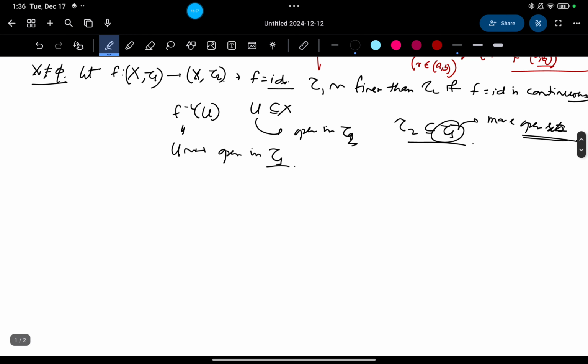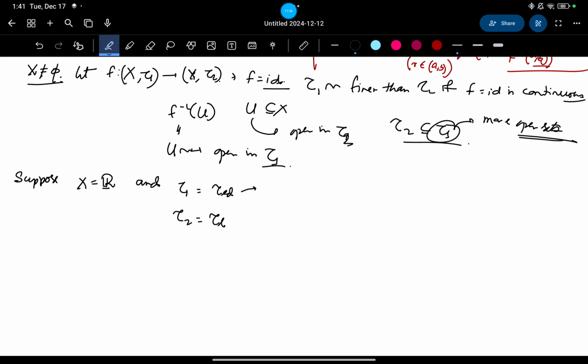So as an example, let's consider X to be R, and let us take tau 1 to be the normal Euclidean topology, tau E, and tau 2 to be the lower limit topology.